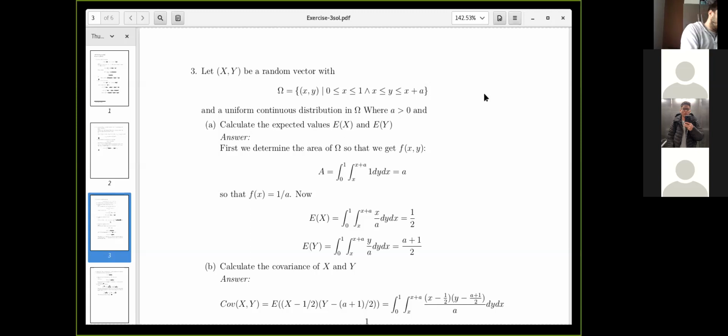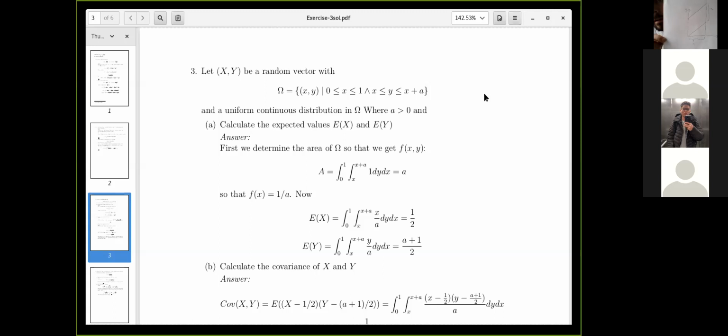So what happens is that I get something that looks like, I'll draw you a picture. So the area is something that looks like this, right?